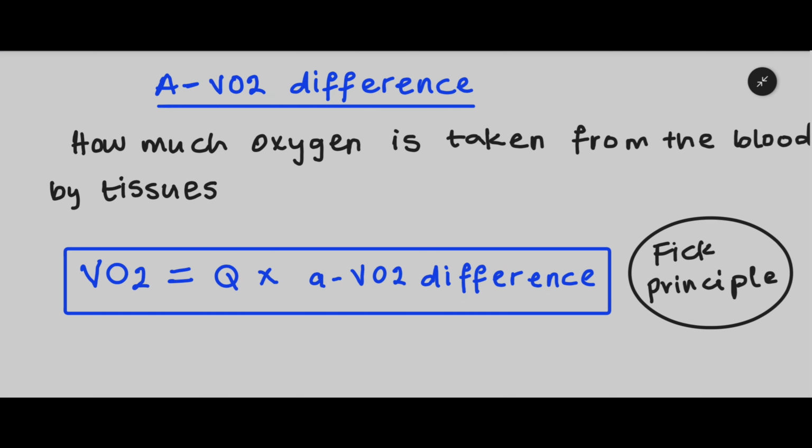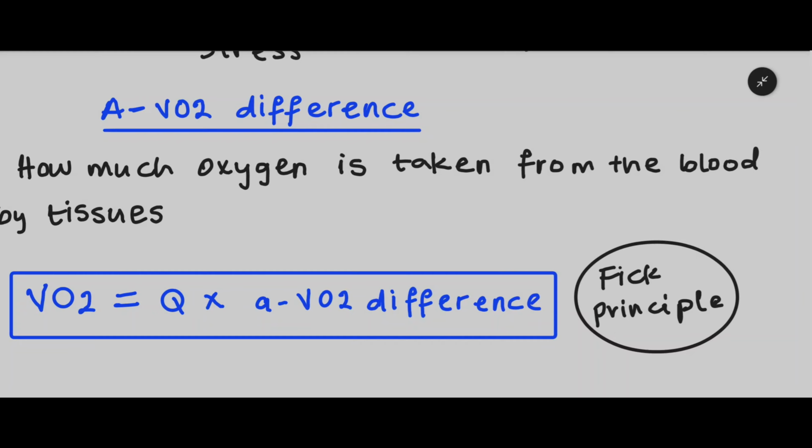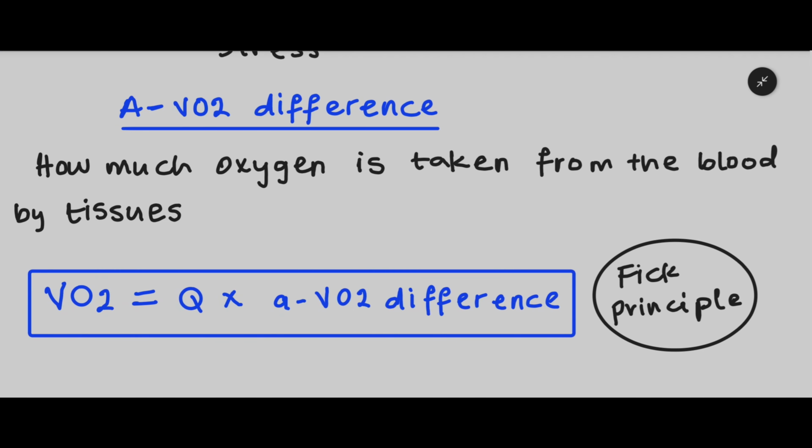AVO2 difference is basically how much oxygen is taken from the blood by the tissues, and it links directly to something known as the Fick principle. You don't need to know too much about the Fick principle. It's just a boring concept that states that blood flow to a specific organ can be calculated in a specific way. But what you do need to understand is how AVO2 difference impacts performance, and also this formula.